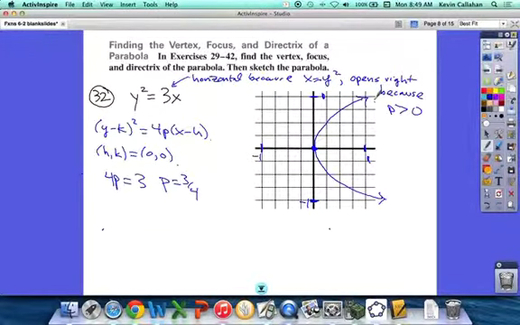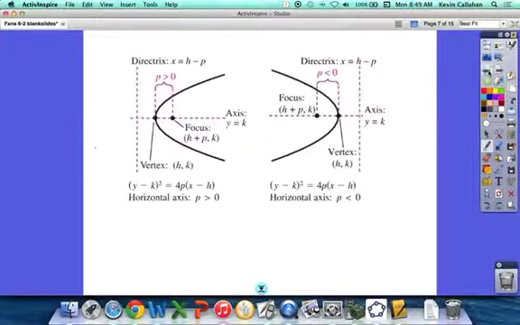The focus should be a distance of p inside the parabola. So starting at the vertex, if this is 1, then 3/4 would be right there. That is 3/4, 0. And where would we look to find the directrix? If the focus is here, where's the directrix?